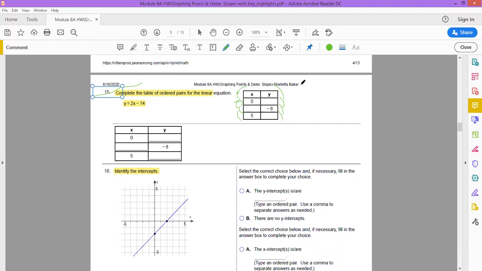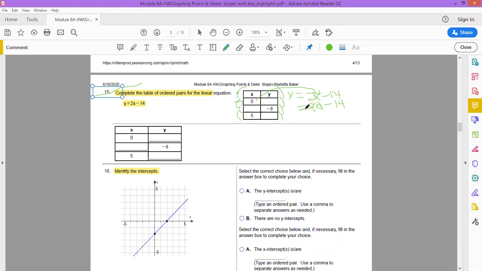All right, so let's look at the equation we're given. y equals 2x minus 14. And we want to know the value of y when x is 0. So where x is, we're going to replace 0. That will become 2 times 0 minus 14.